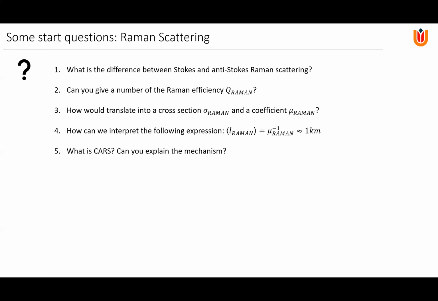You have a laser beam that pumps the energy level up to this virtual state. That is the pump beam, and then there is a dedicated laser beam that stimulates emission down to this vibrational level to get it populated, basically how a laser also works. That is called the Stokes beam.